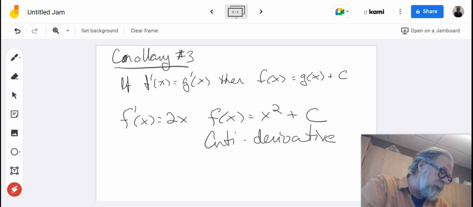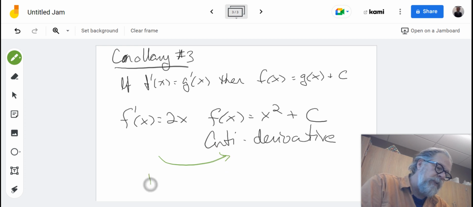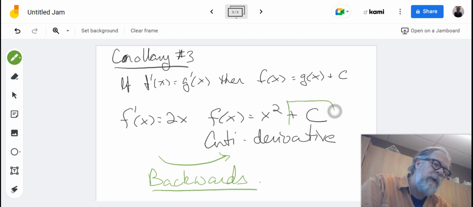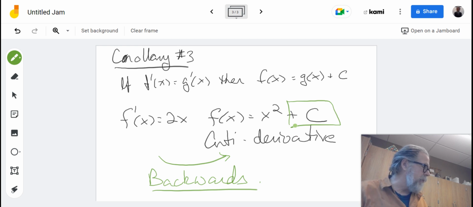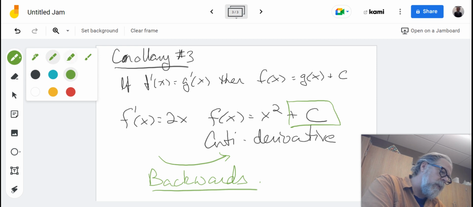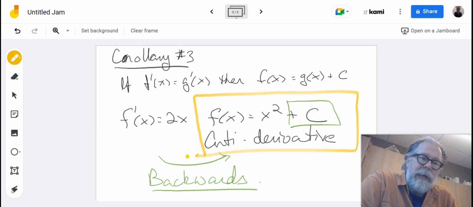Working backwards, the antiderivative says if we know the slope, then we can find the original function. And an antiderivative will always have that constant value right there. So take a quick second and jam that into your memory banks. The antiderivative will always have a constant value at the end.